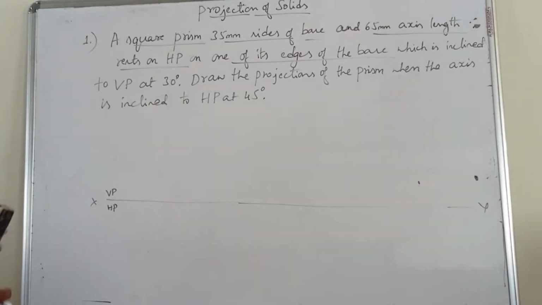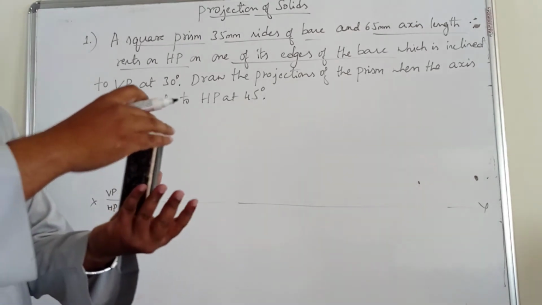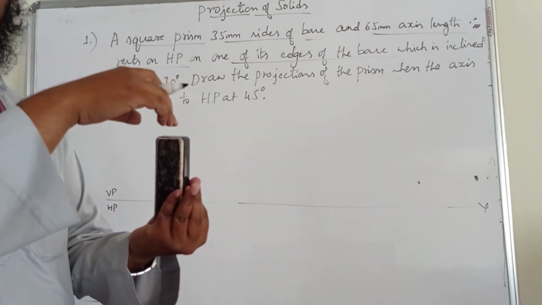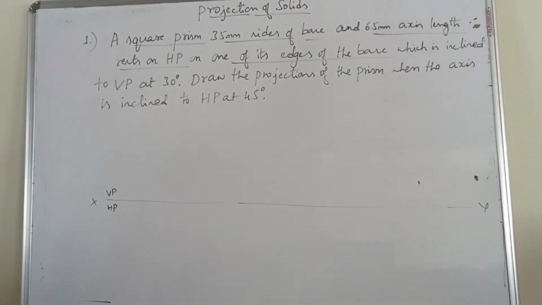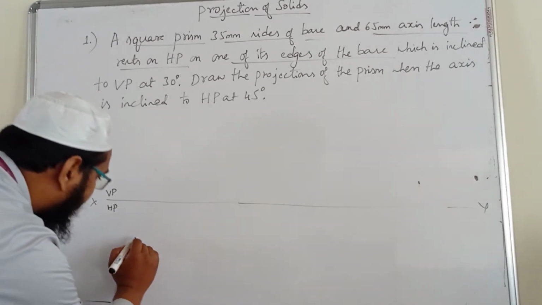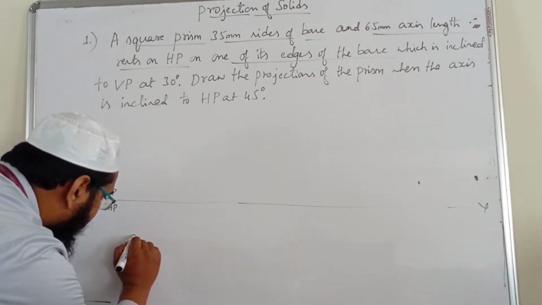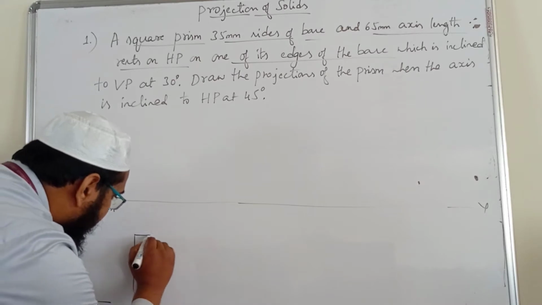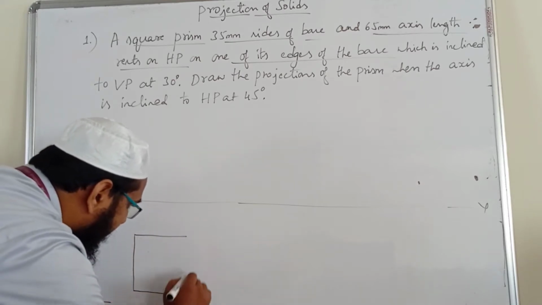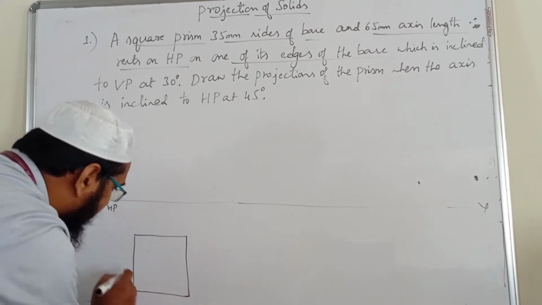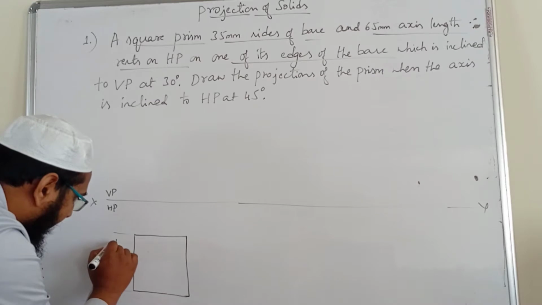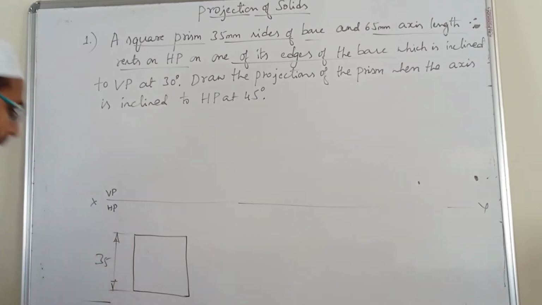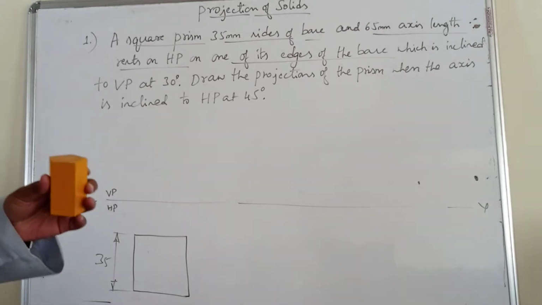If you consider a square prism, the top view will be a square, correct? A square which has the top face and the bottom face. That means you need to construct a square of dimension 35 here. So we have drawn a square. In the square prism we have two faces.